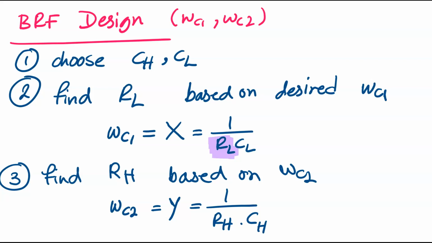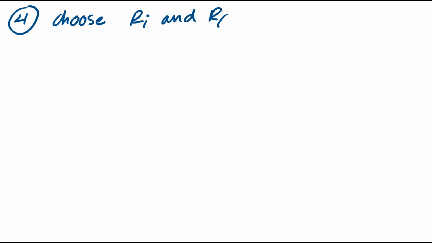Again, I have my CH, and I know my desired cutoff frequency, the greater cutoff frequency, and then I can find my RH. Then the last step, step 4, is choosing RI and RF based on my desired gain.